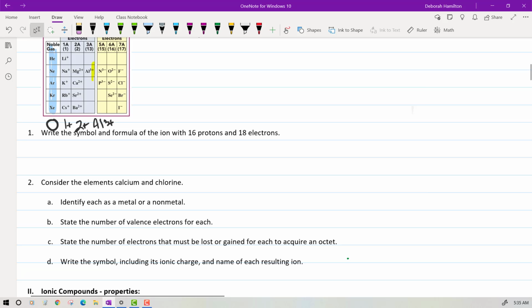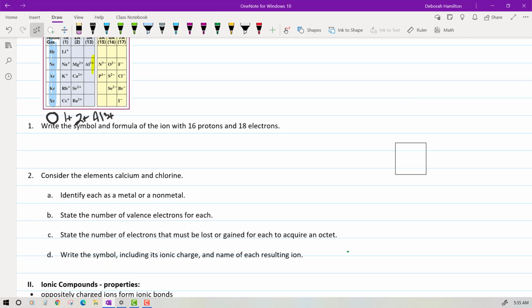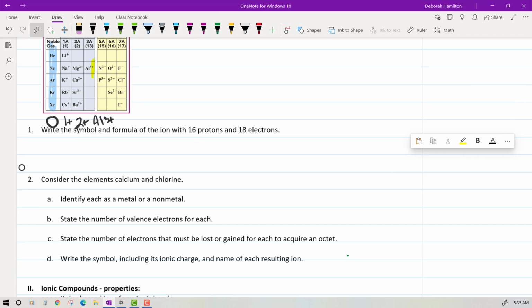Let's take a look at this first question. It says write the symbol and formula for the ion with 16 protons and 18 electrons. You need your periodic table. Look up your element that has 16 protons. Pause the video and check that out, and then come back and check your answer.